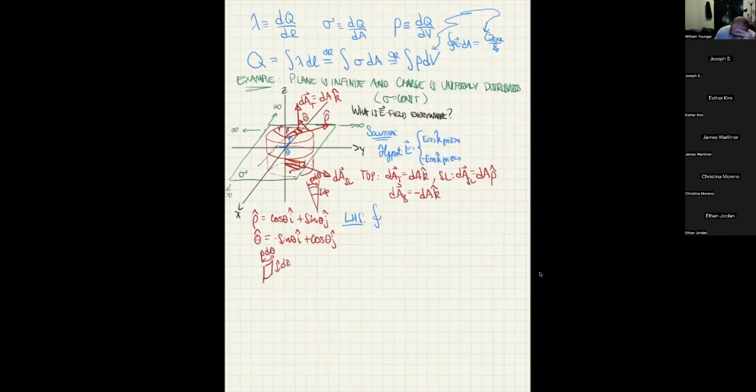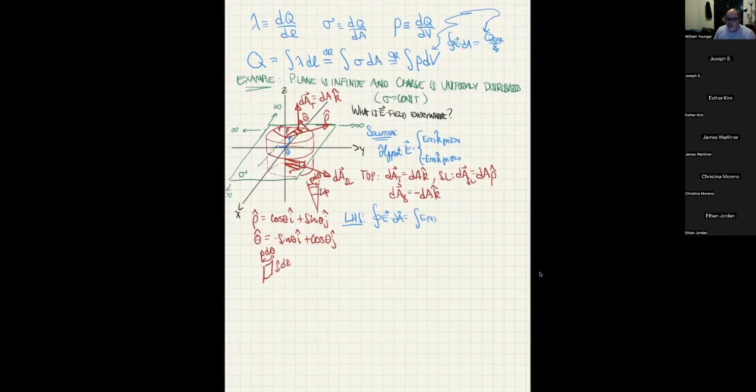So the closed integral of E dot dA is equal to the integral over the top is just going to be E of Z, using a very specific Z, specifically the Z at the top of the can. So the E of Z is truly a constant.